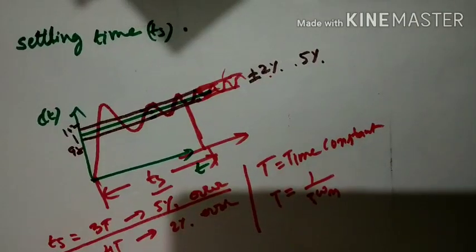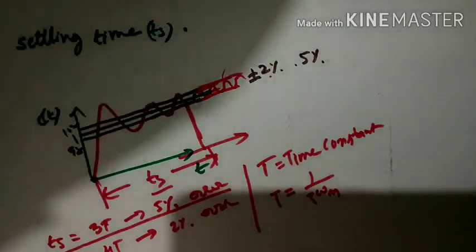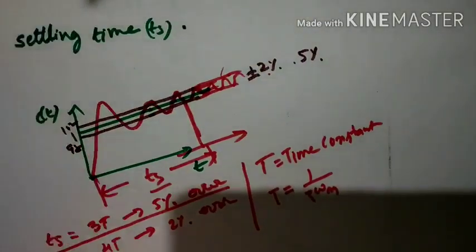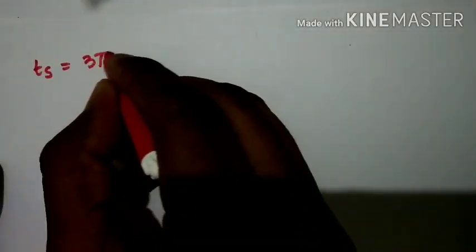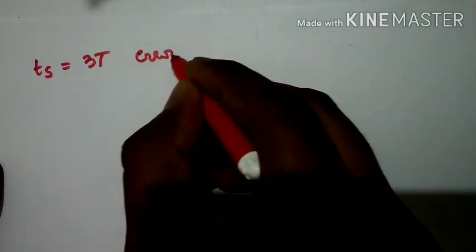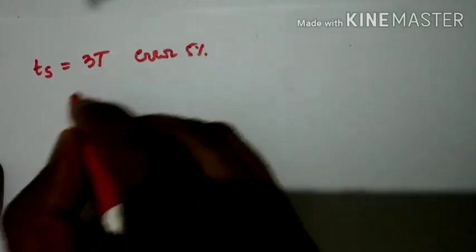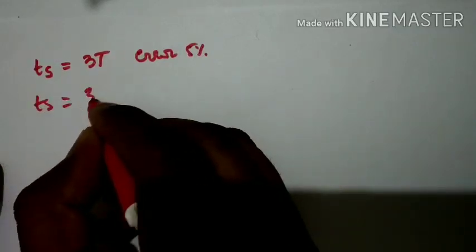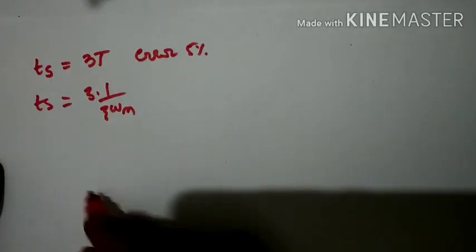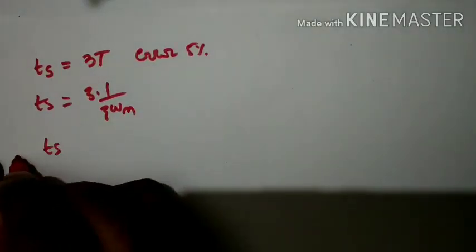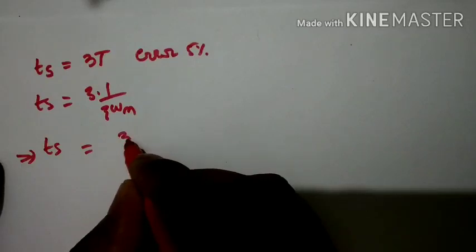For finding the settling time for 5%, from this equation Ts is equal to 3T, where the error here is 5%. T is 1 by zeta omega n. So Ts is equal to 3 by zeta omega n. What is the zeta value?